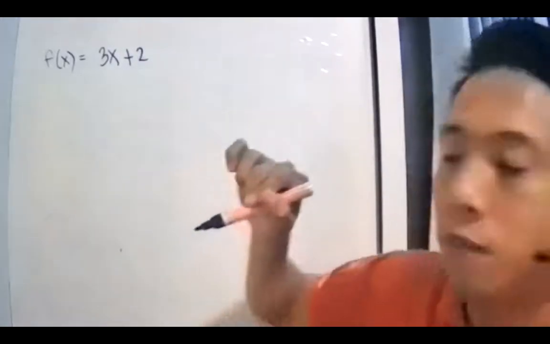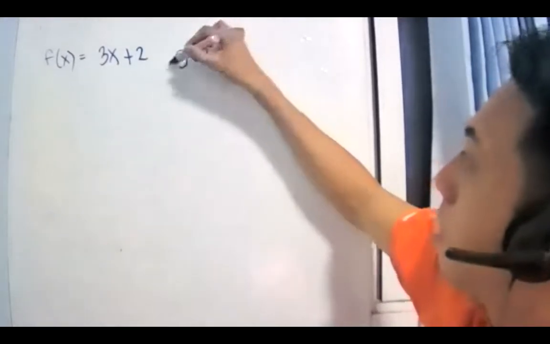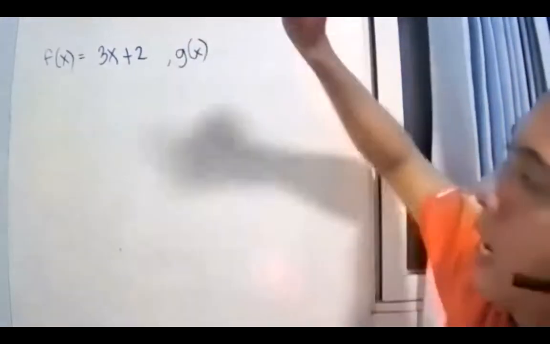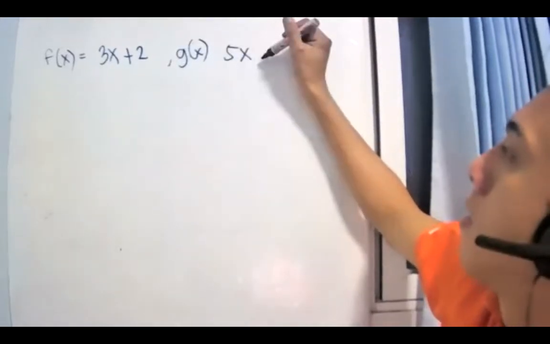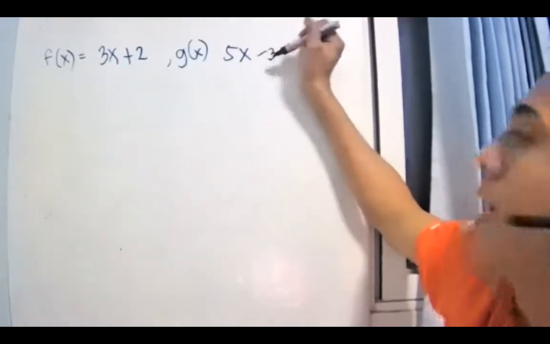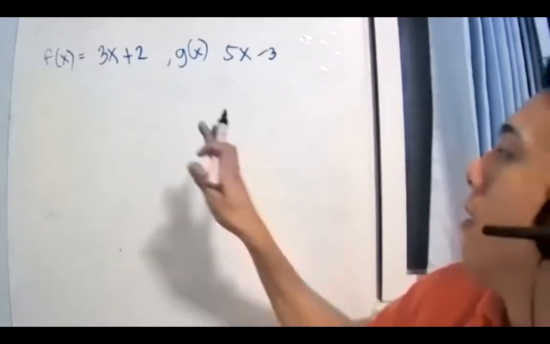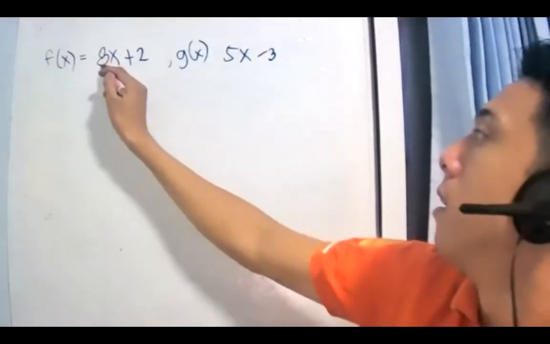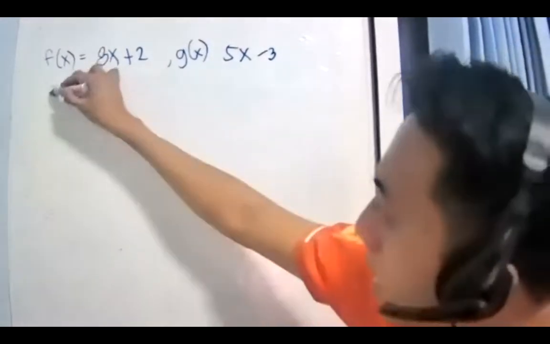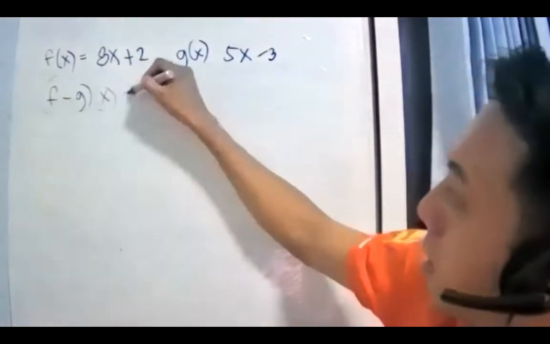This is our f of x. And our g of x, I will put, let's say, 5x minus 3. Parang madali lang muna. And then we will find f minus g of x.